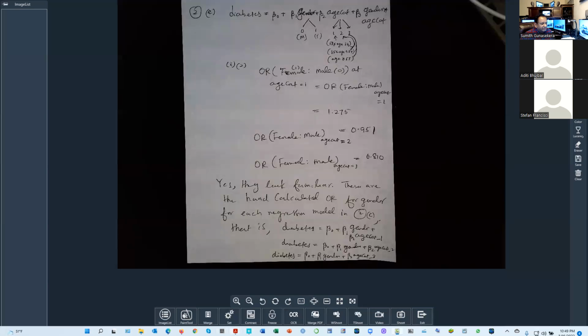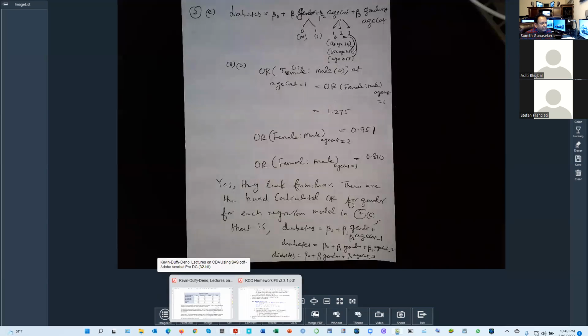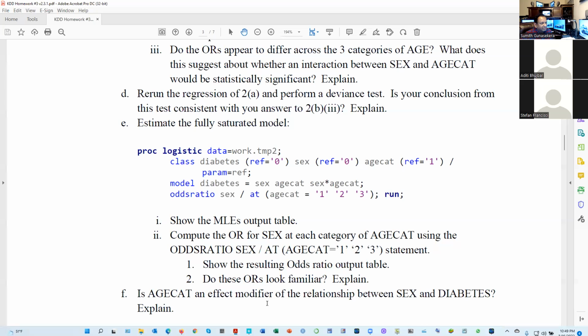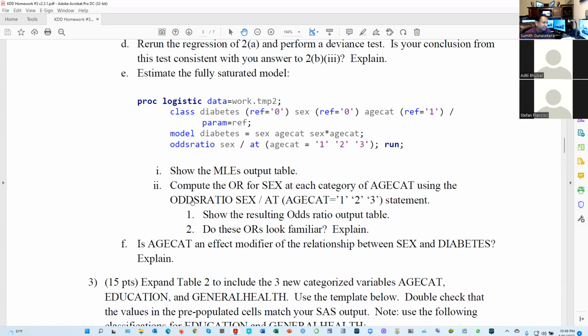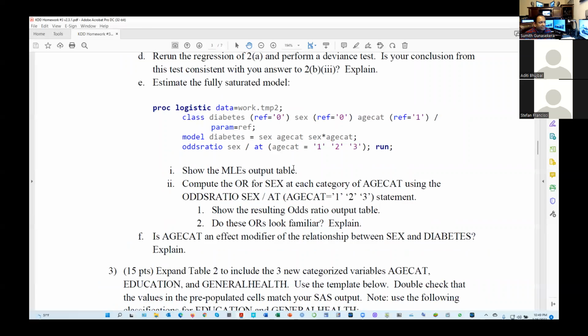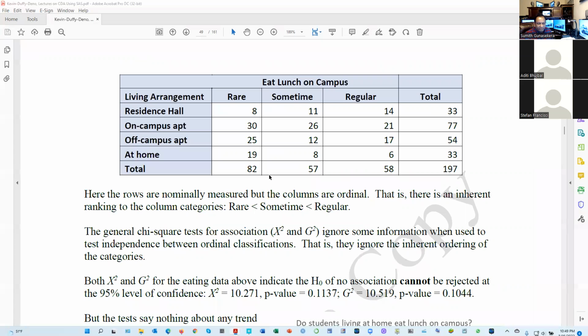They ask us to show the resulting odds ratio. Does this OR look familiar now? You're going to run that one, and then you can get the ORs, or you can calculate the OR. By running that one, you can see it. Then you run.